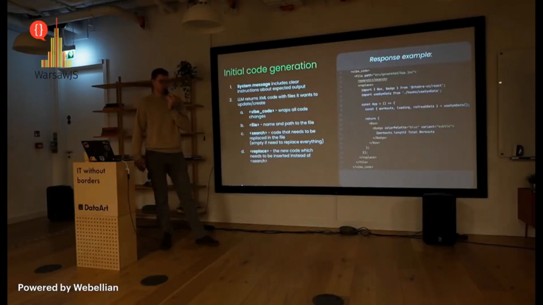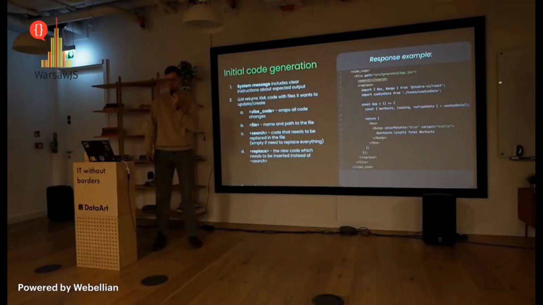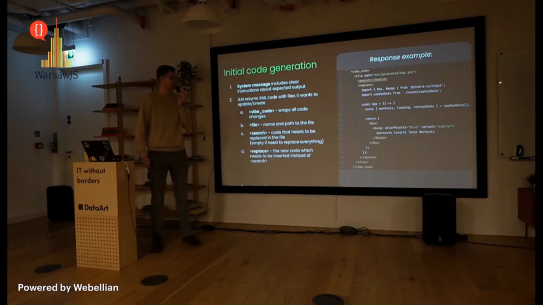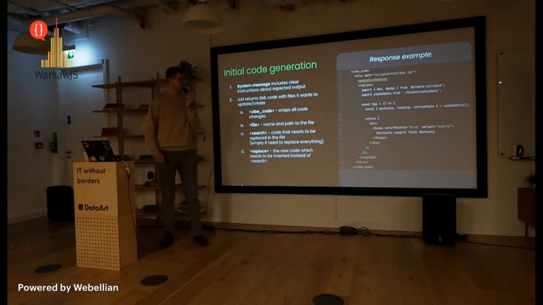Basically, you can just give instructions that you want to receive the output in the following format: that I want to receive the code wrapped into a Vibe code XML block, which will have a file block with a specific path to the file, a search block, which is empty for initial generation, which means that we want to replace the whole file with the new content, and the replace block is the new code, which will be inserted in this file.